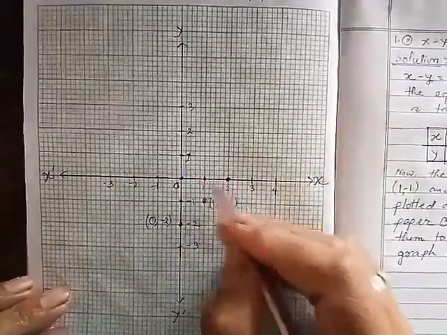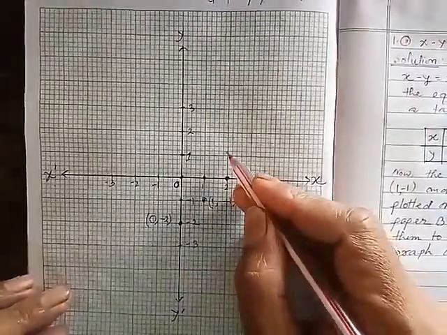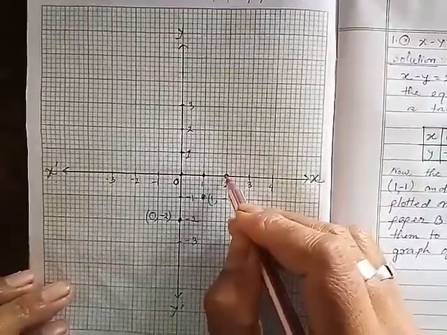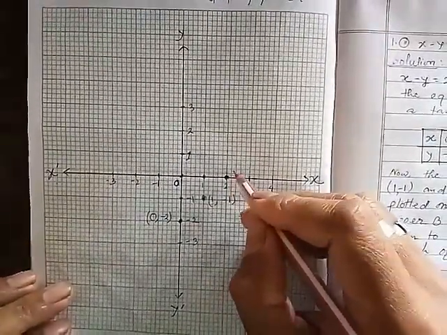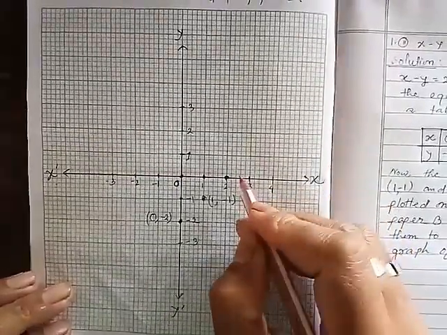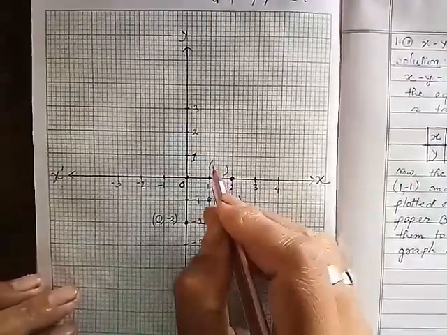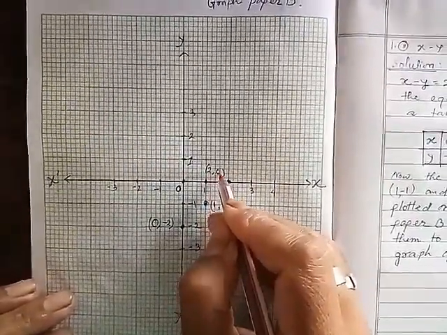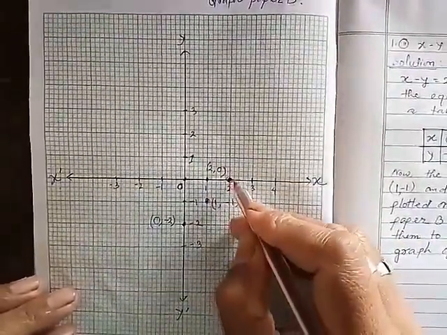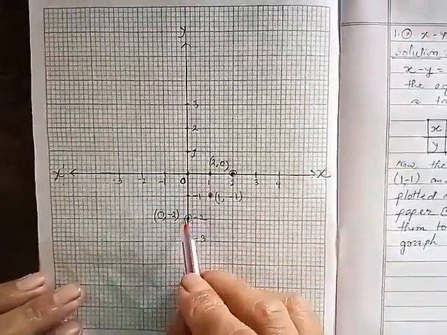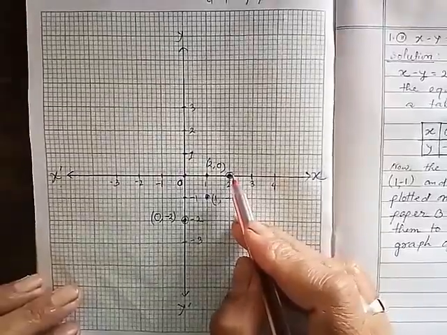The x coordinate is 2, the y coordinate is not 1, not minus 1, it will be 0. So the combination will be here. This is the third point.